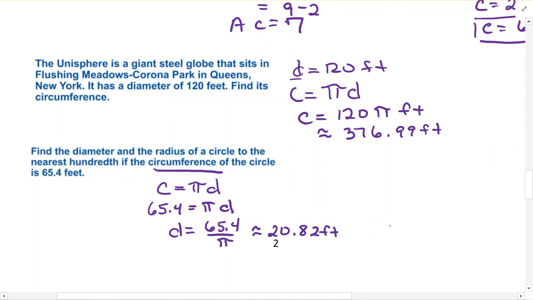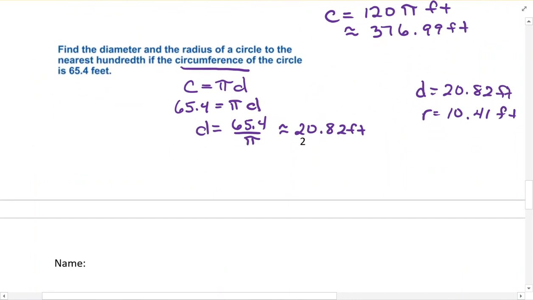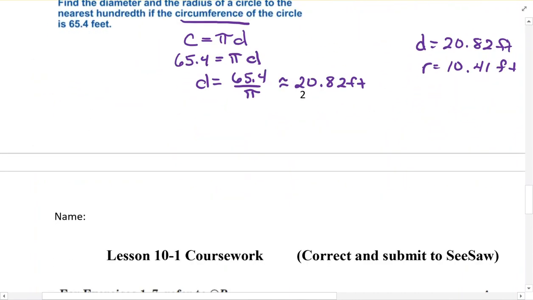To find the radius, we would divide that in half. So the diameter is 20.82 feet. The radius is half of that, which is 10.41 feet. And that concludes the lesson for 10.1.